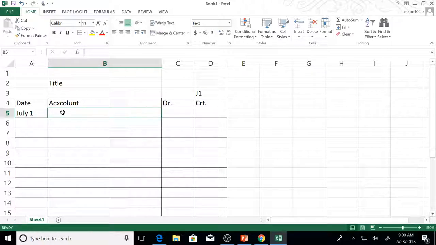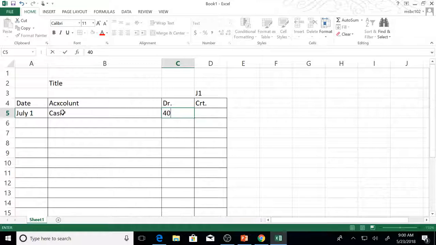So we have the cash. Did the cash go debit or credit? Debit. So under debit, I put 40,000. Okay, and then I have the capital.